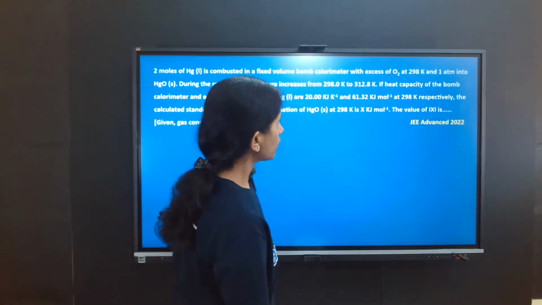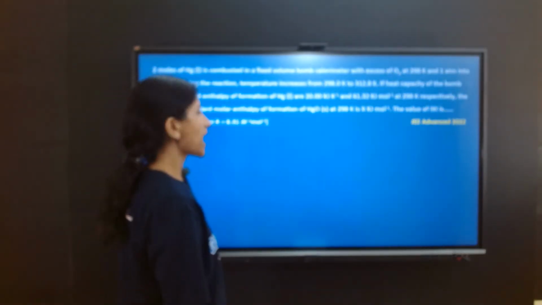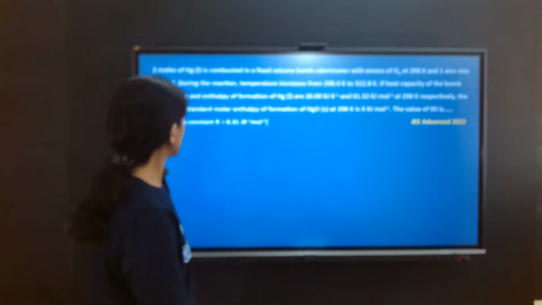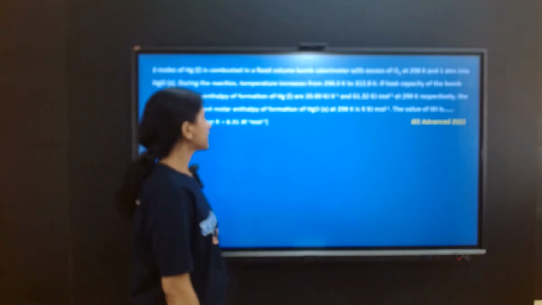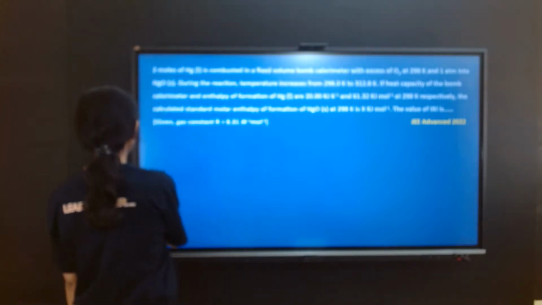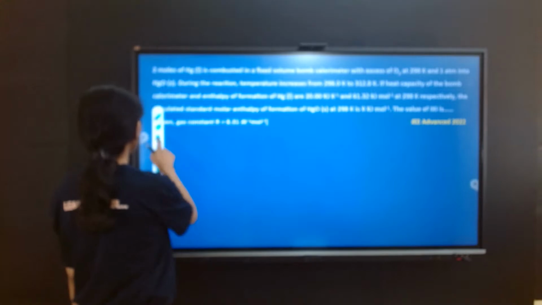We have to find out the value of X. That is, we have to calculate the standard molar enthalpy of formation of HgO solid. Also, gas constant value R is given as 8.31 joule per Kelvin per mole. Now, with the given information, let's see how we can solve the problem.